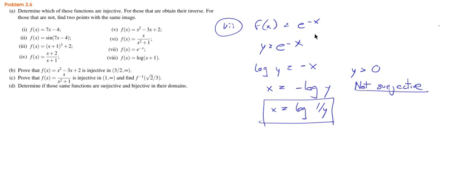So the function is not surjective, but it is injective, because given one value of y, as long as it is positive, you can only have one value of x, because the logarithm is also an injective function.